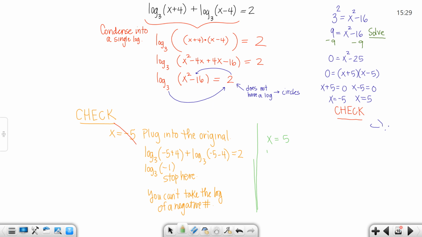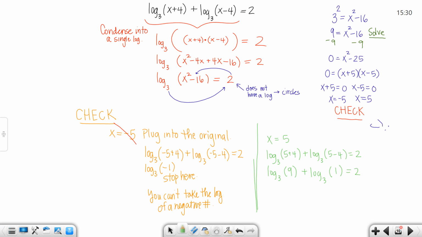If you're checking positive 5, you get the log base 3 of 5 plus 4 plus the log base 3 of 5 minus 4, and that equals 2. So this would be the log base 3 of 9, and this would be the log base 3 of 1, equals 2.